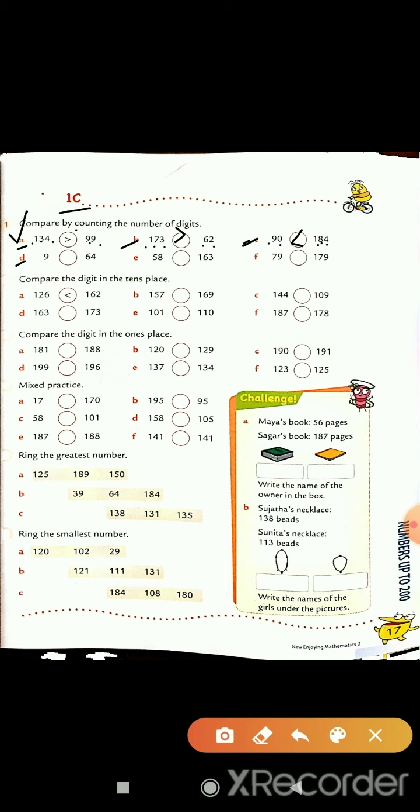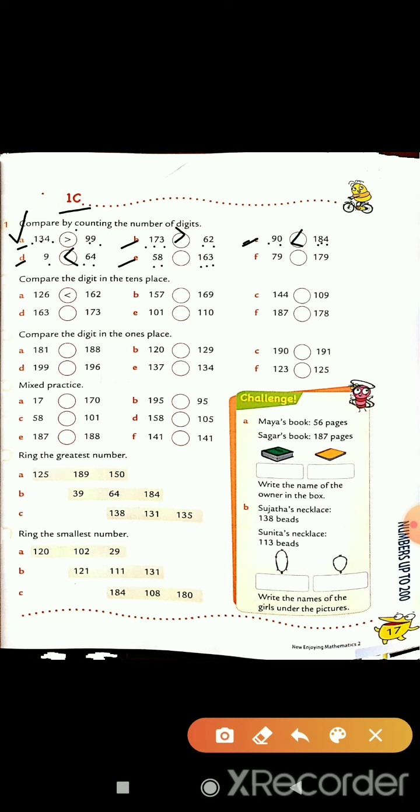Next, D. 964. 9 is a single digit number, that is it only has one digit, and 64 is having 1, 2. Again, one digit number is smaller than 2 digit number and 2 digit number is greater than 1 digit number. So 64 is greater than 9. E. 58 and 163. 58 is having 1, 2. 2 digits. 163 is having 1, 2, 3. 3 digits.